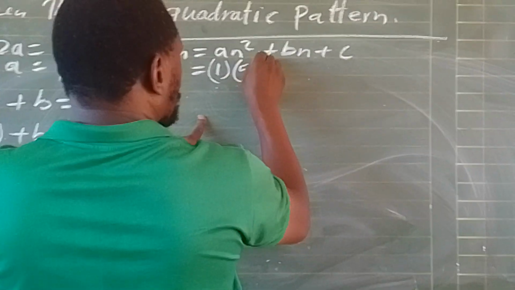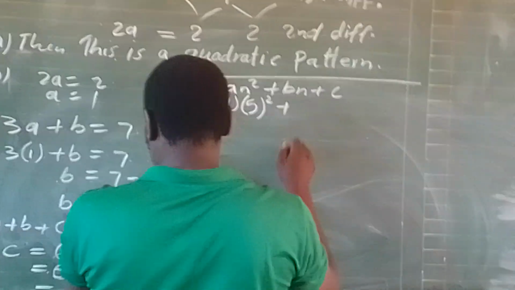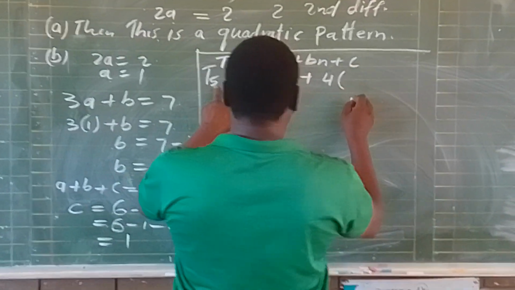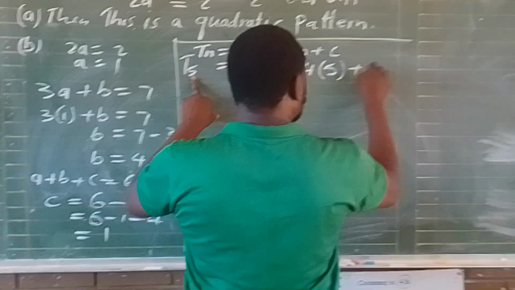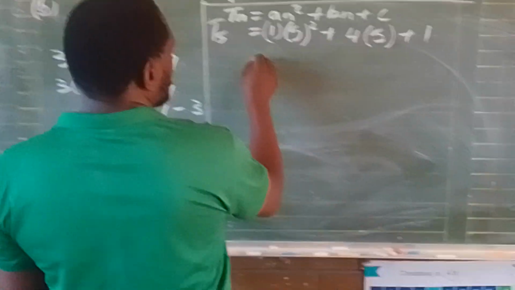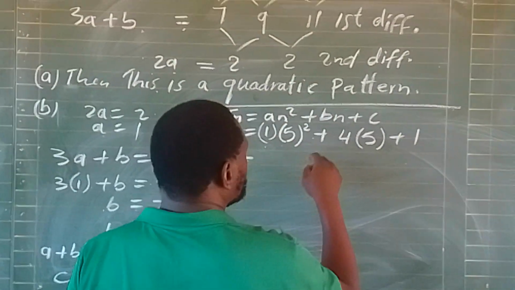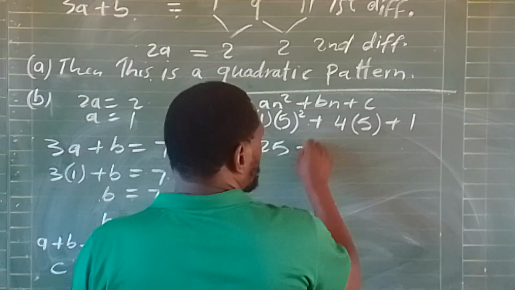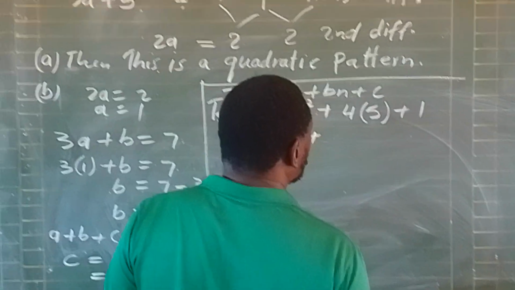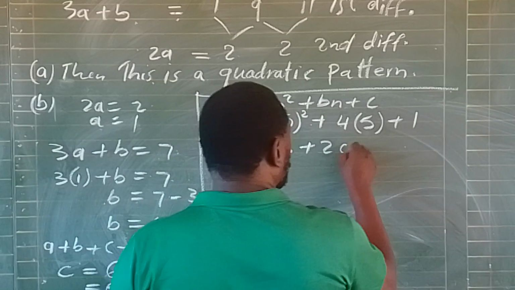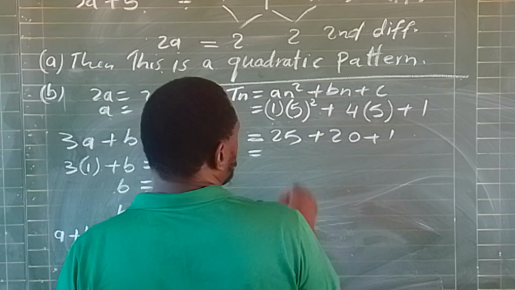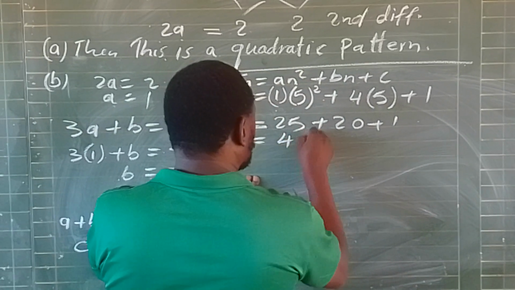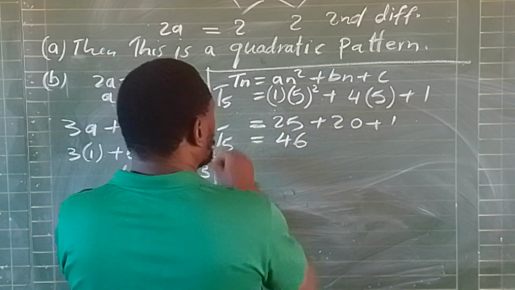N is 5 squared plus b is 4, 4 times 5 plus c. C is 1. Now we find that 1 times 5 squared is 25, 4 times 5 is 20, plus 1. Then 25 plus 20 is 45 plus 1, 46. Term number 5 is 46.